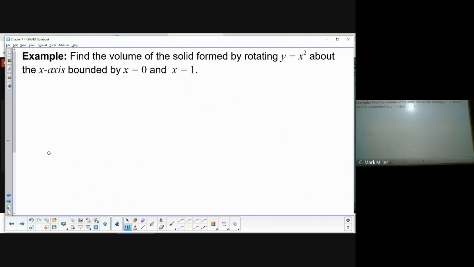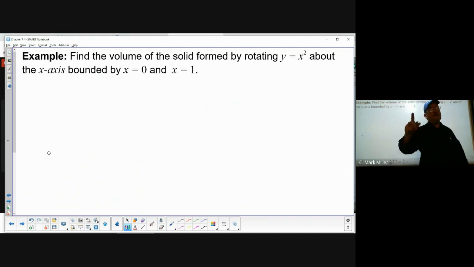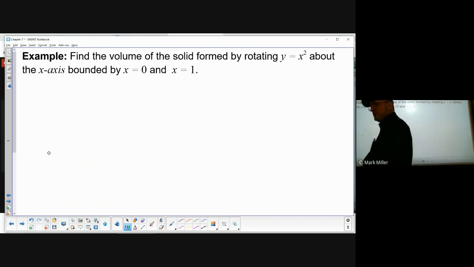You do the disk method, washer method, when it involves a function of a variable, say x, revolved around that variable's axis. In other words, the x-axis. So here we have y equals f of x revolved around the x-axis. When it's revolved around the same axis as the dependent variable, you can use the disk method. When it isn't that way, you have two choices.